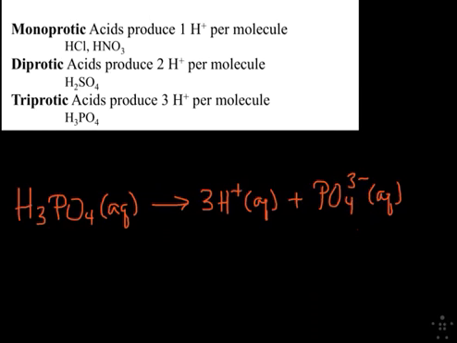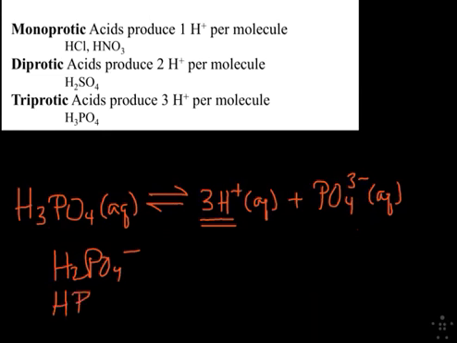And if it were to react with a base, because this reaction, again, it's not in water, it's not really going to go all the way to making those 3 protons. Quite a bit of it is going to hang out as H2PO4 minus or HPO4 2 minus in solution. But if it were to react with a base, all 3 of the protons could easily be pulled off by a hydroxide ion.